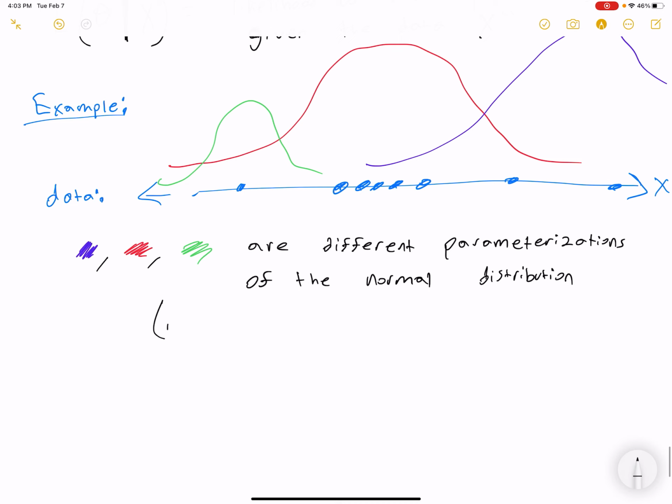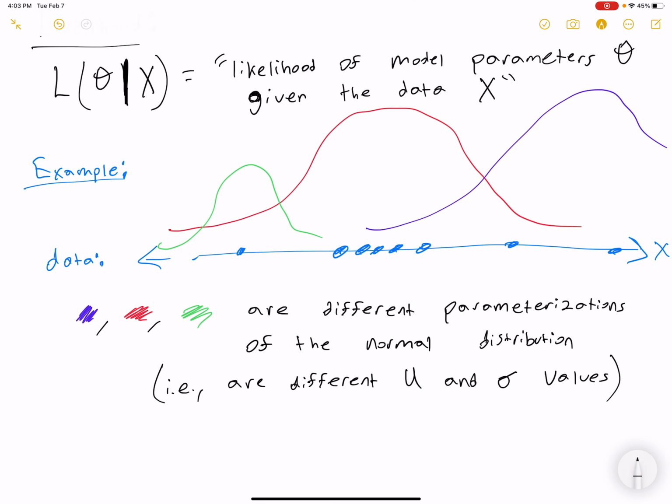And just to be clear, i.e., are different mu and sigma values. That's not maximum likelihood; this is just likelihood right now. Here this is just parameterizations of the model. What's it a model of? It's a model of the normal distribution. So our model is the normal distribution in this example.